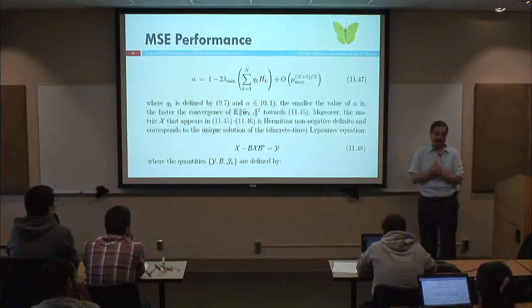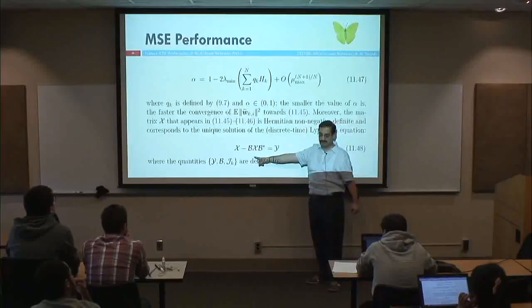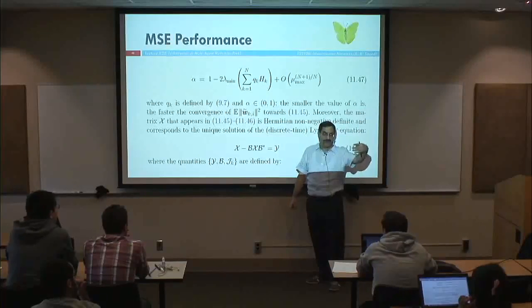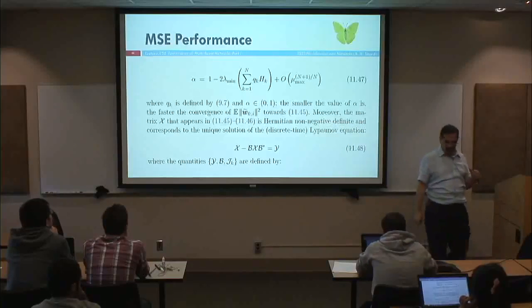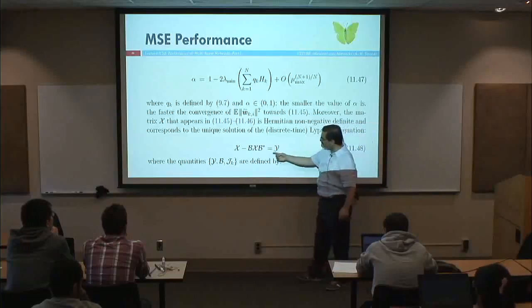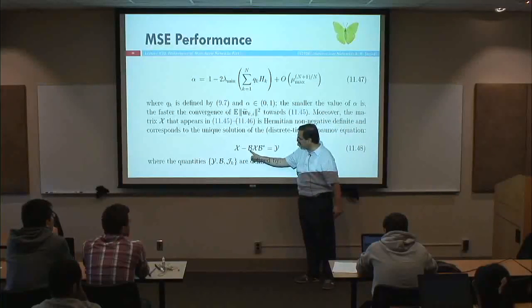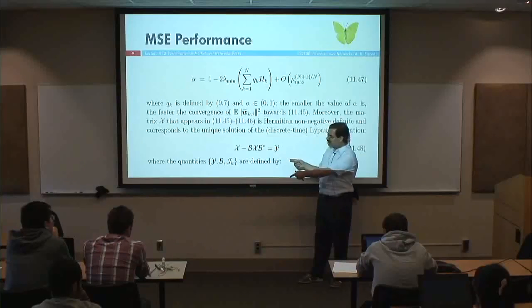So what is X now? X is the solution to a Lyapunov equation. I'm going to show you exactly what it is. But if you remember when we talked about matrix results, I introduced this, called the Lyapunov equation. So B is some matrix, B star. If you solve this equation, so B and Y, I'm going to tell you what they are.